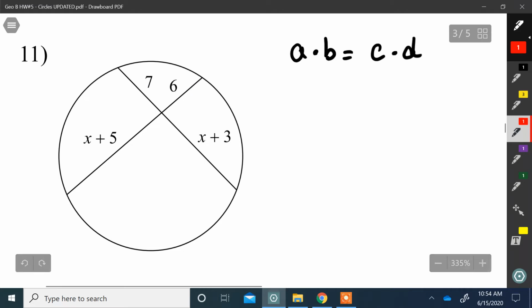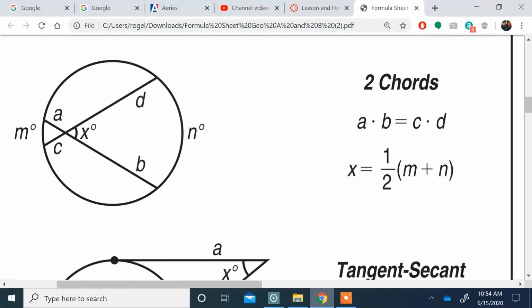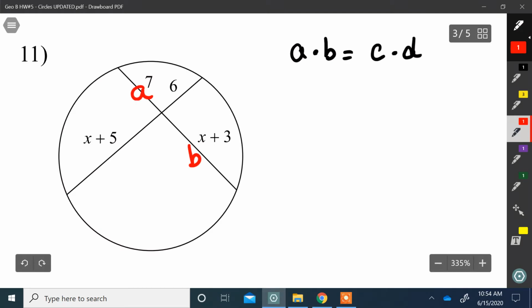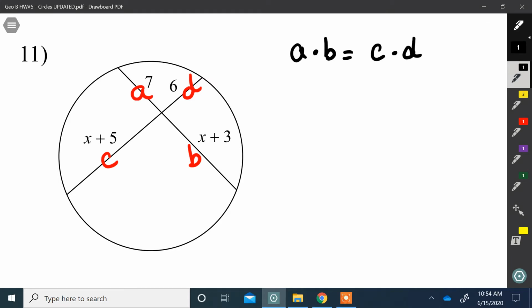If you look at the formula, A goes with B, it's the same line, and then C goes with D, it's the same line right there. So be careful with that. So A goes with B, and then C goes with D. Since you're multiplying them with each other, A times B is the same as B times A. That doesn't matter.